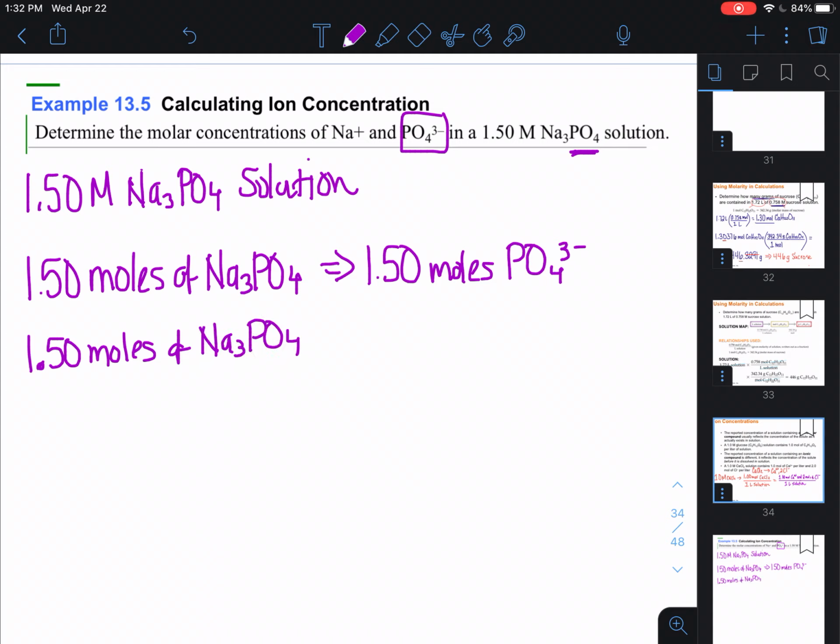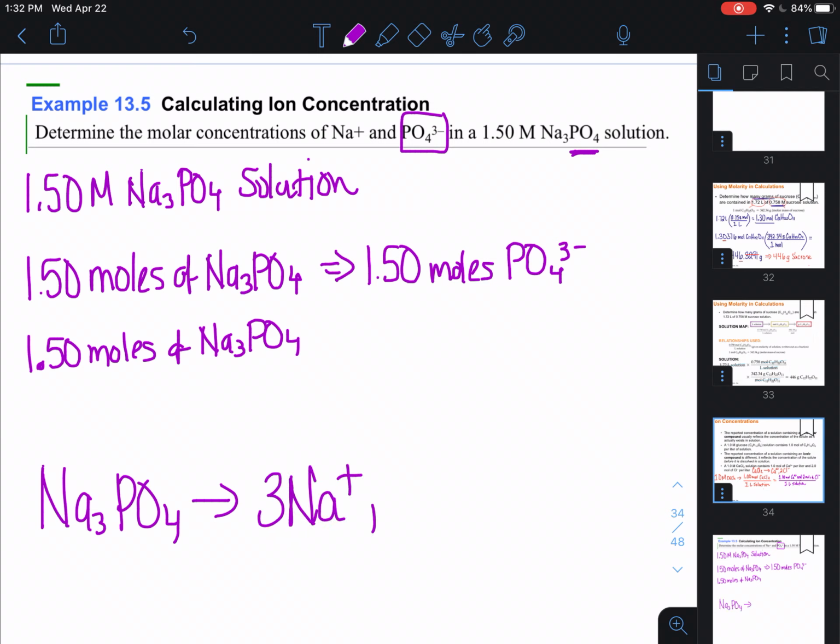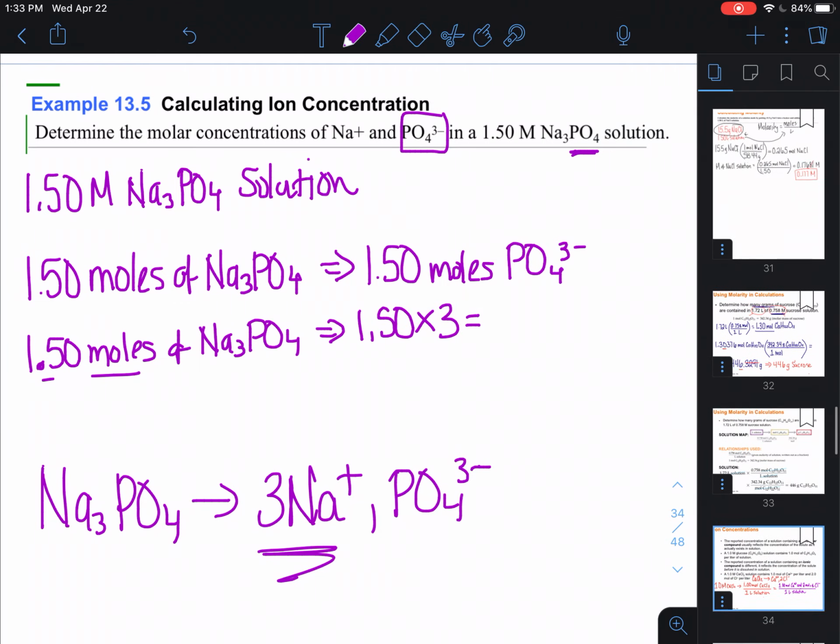And I just want to make sure that you understand Na3PO4 dissociates in water to make 3 sodium cations and 1 phosphate anion. Okay, so if we want to know the concentration of sodium cations, we're going to have to take this amount, 1.50, and multiply it, right, by 3.